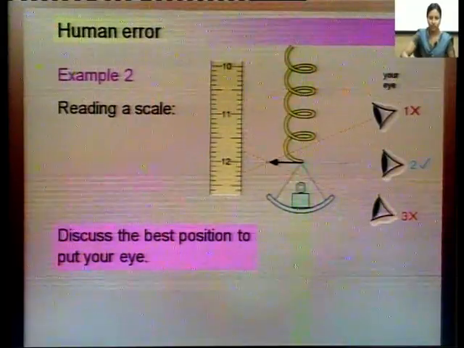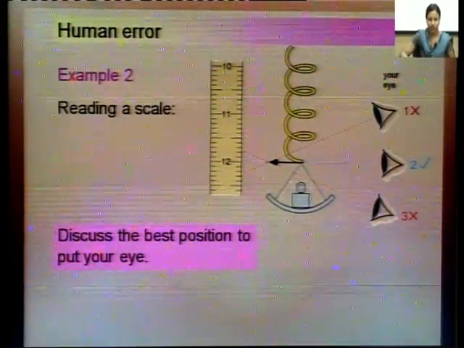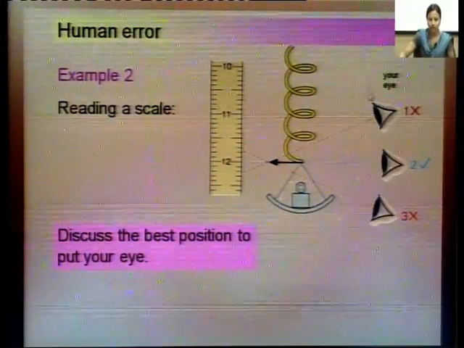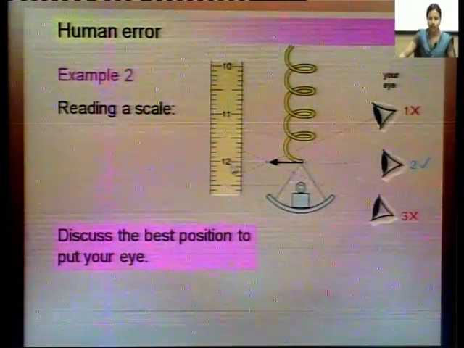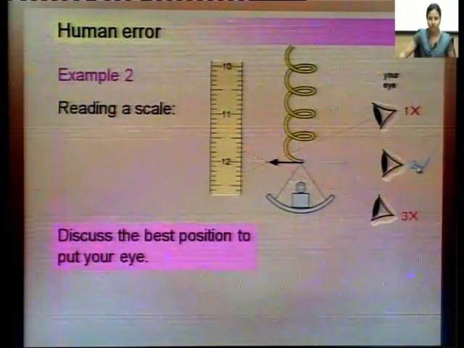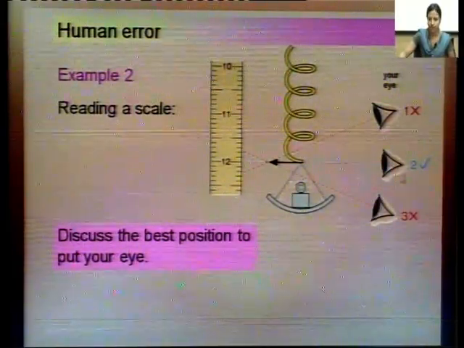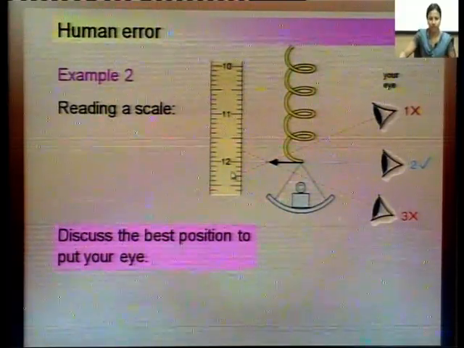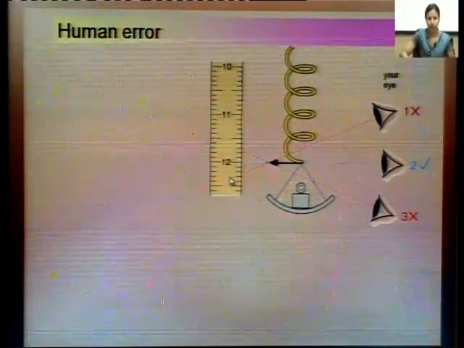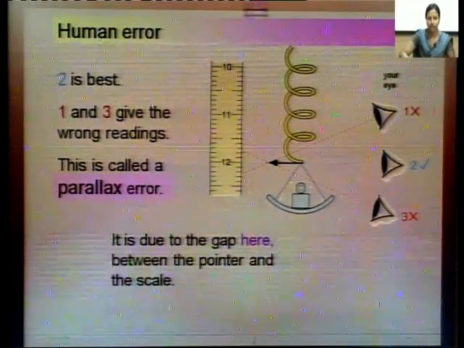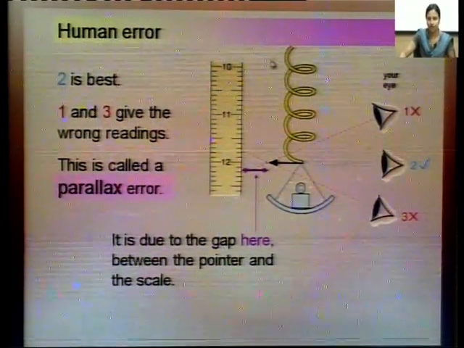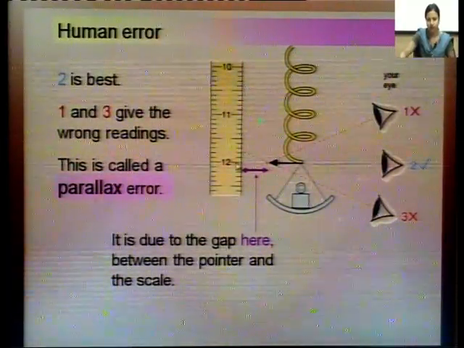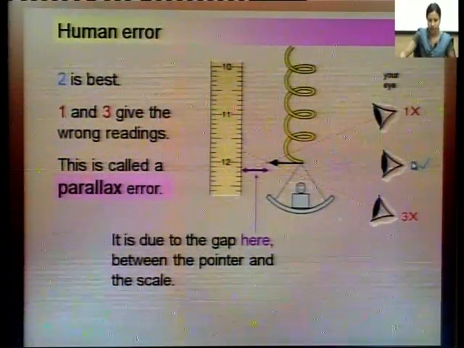The second example of human error is reading the scale. If we want to read the scale at this point, we should have our eye at this point, not at this and not at this, because this type of error is called parallax error. This is very important. So this is the best position of the eye.